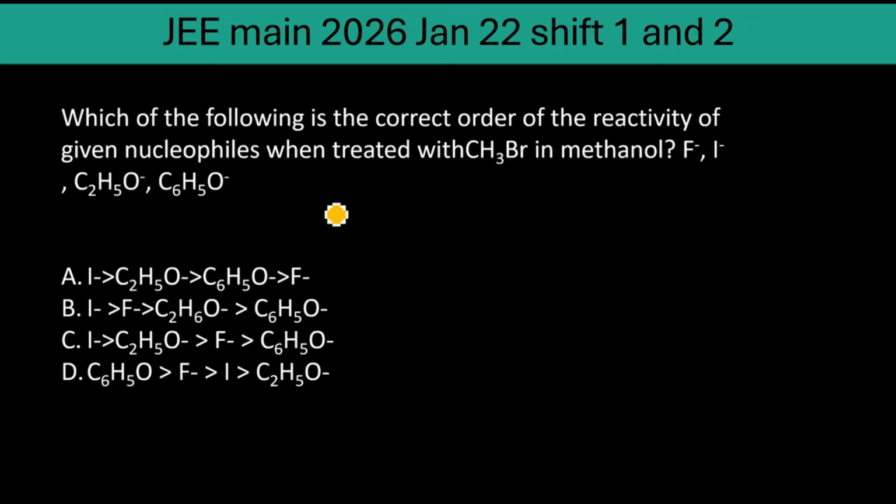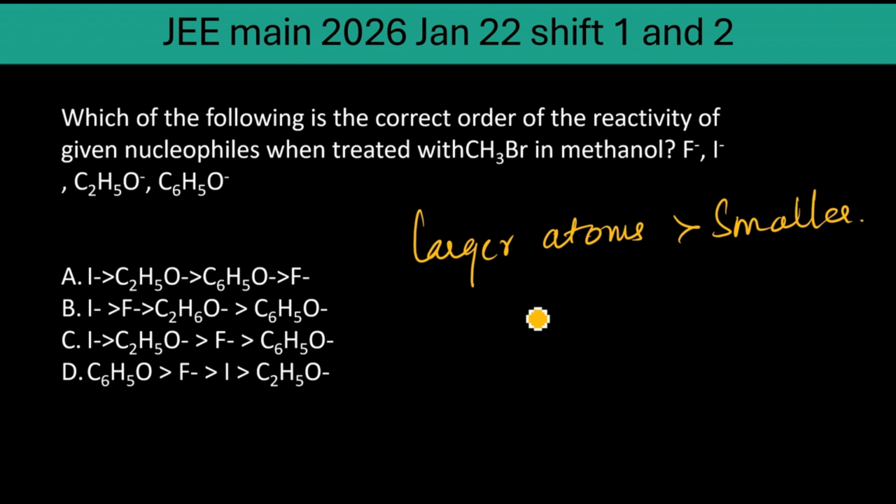Which of the following is the correct order of reactivity of the given nucleophiles when treated with CH3Br in methanol? Methanol is a protic solvent, right? So smaller nucleophiles are more solvated. So the nucleophilicity order follows this way: first come the larger atoms, then smaller. Which is larger?